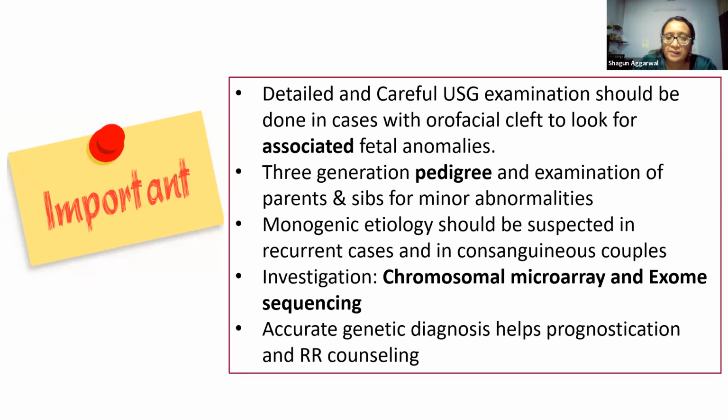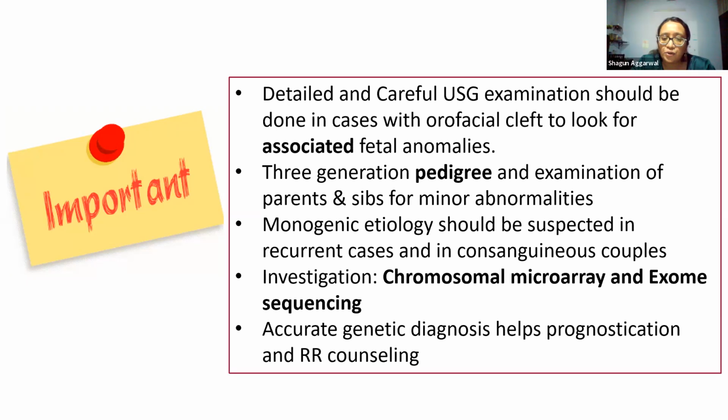Also, if possible, examine the parents or the siblings. Sometimes they may have some minor clefts, or some lip pits, which occur in certain genetic conditions. That may give you a clue that there may be something genetic underlying.